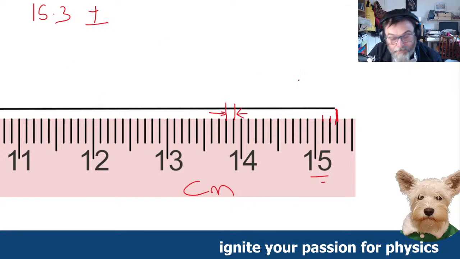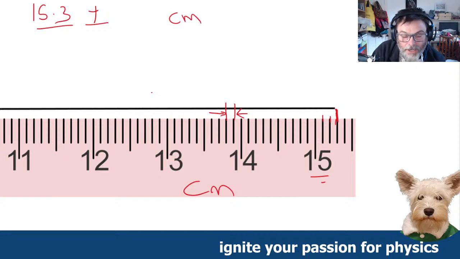Now the ruler is in centimeters, so we want to express our uncertainty, half a millimeter, in centimeters. That's going to be 0.05 centimeters. So this is the size of our reading.